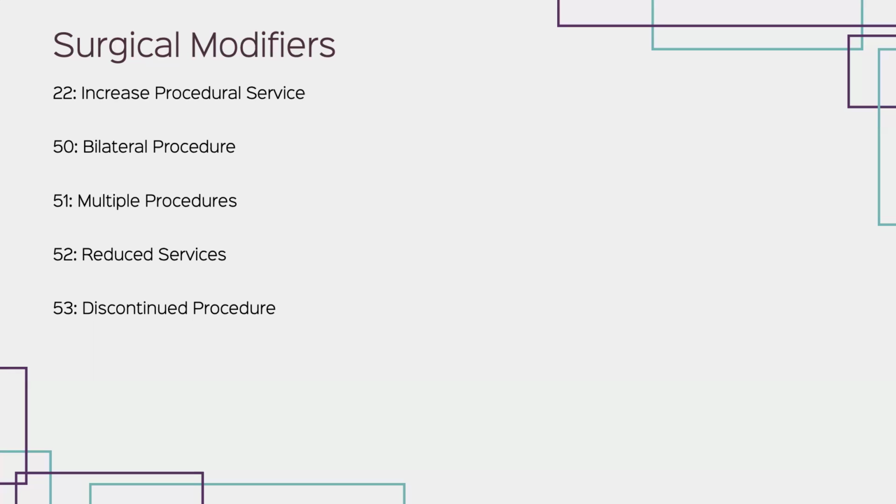So this is going to be if a procedure is terminated due to extenuating circumstances, or if circumstances are present that threaten the well-being of the patient. So reduced services is terminated or ended early at the provider's discretion. 53 is discontinued and terminated due to the health of the patient.